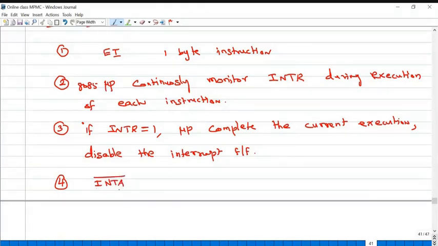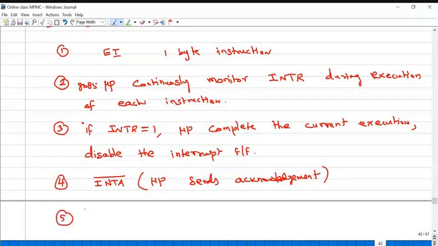Okay, the microprocessor sends the acknowledgement signal. It is an active low signal, so the processor sends 0 on the particular pin, INTA.